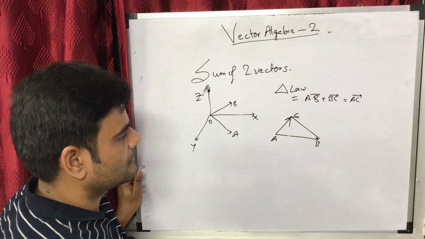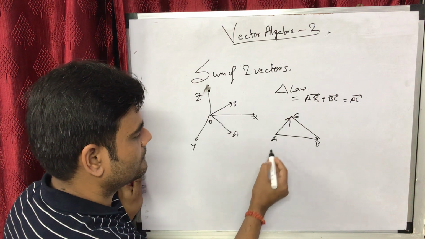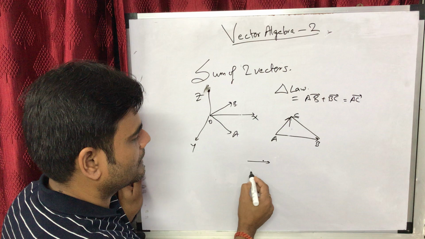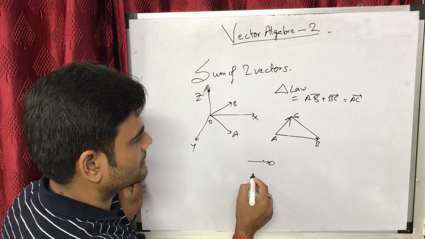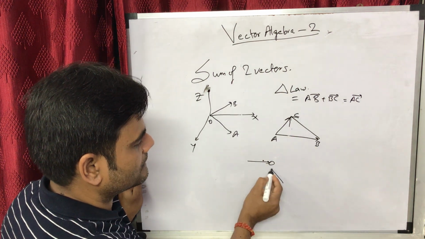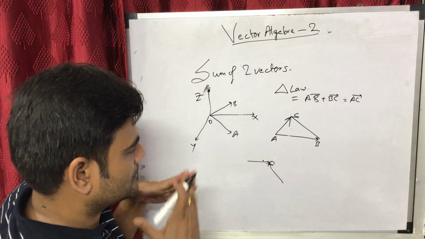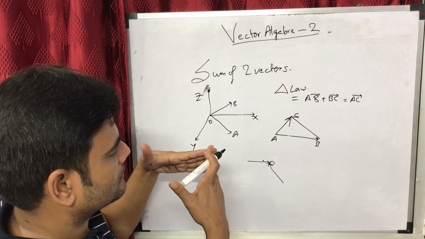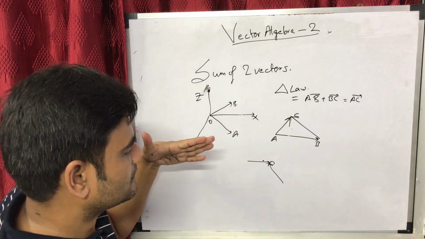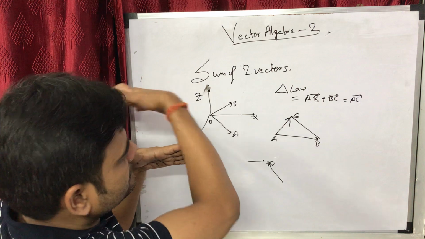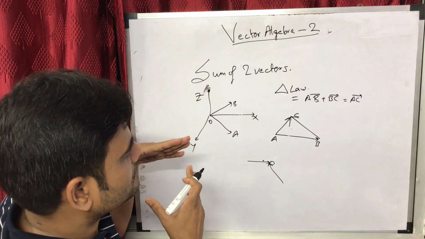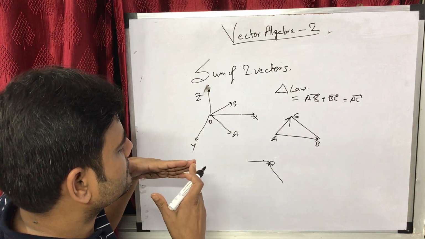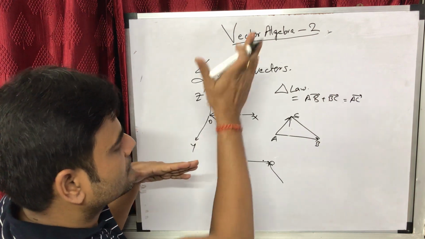In other words, I told you earlier that if there are two forces on a single point, on a single object, one is AB and there is another force like this, the resultant would go like this. Magnitude will also decide how much it's going in this direction. If they are equal, this will go in a middle path.